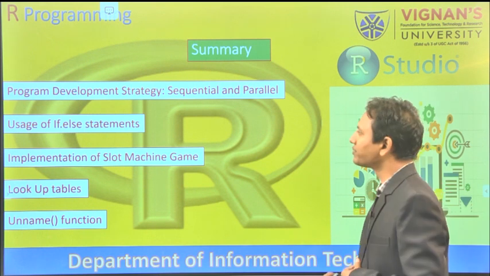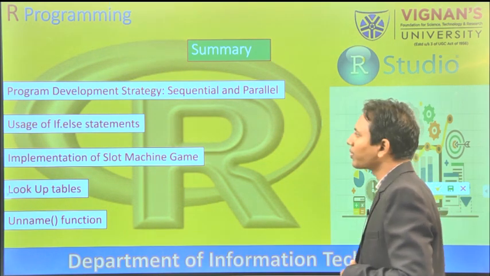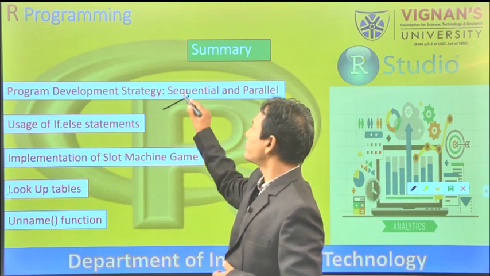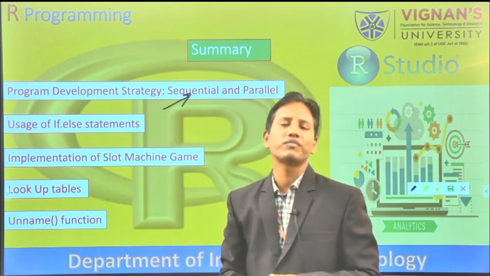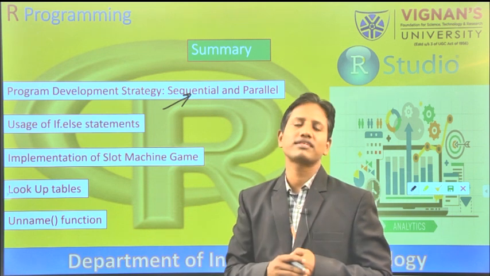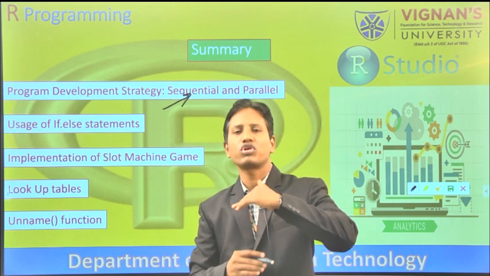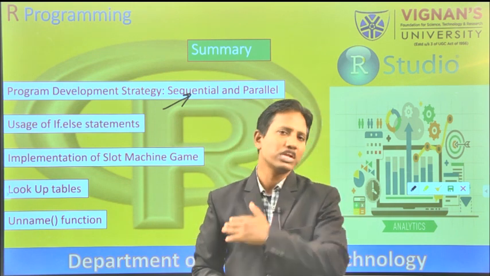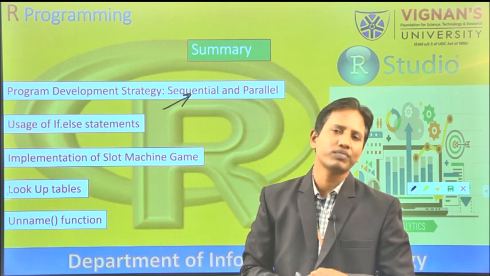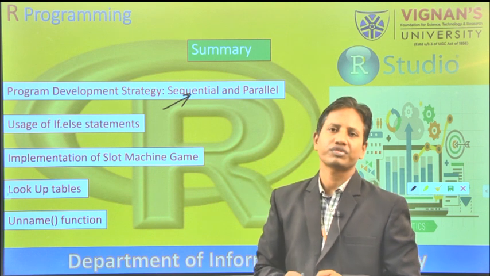Now, coming to the summary part. First, we talked about program development strategy, that is, sequential strategy and parallel strategy. Parallel strategy, in the sense, means multiple conditions are going to be checked, and among them only one condition is going to succeed or be true for our situation.